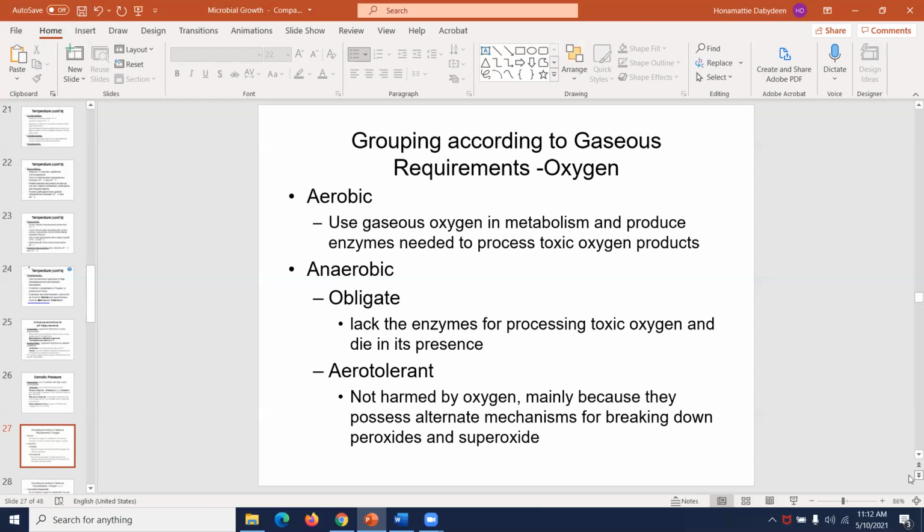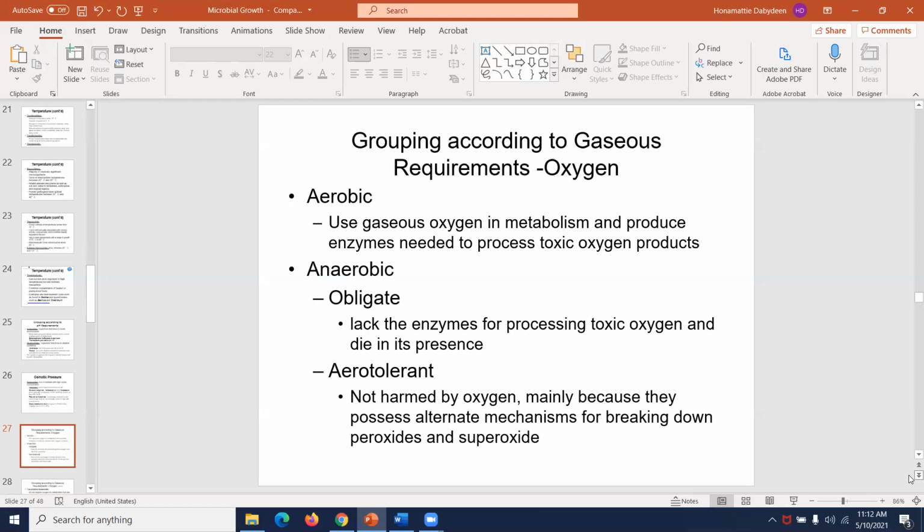Anaerobic organisms do not use oxygen as their final acceptor, but some other organic or even inorganic material. One of the reasons is that they lack the enzyme for processing those toxic oxygen byproducts.